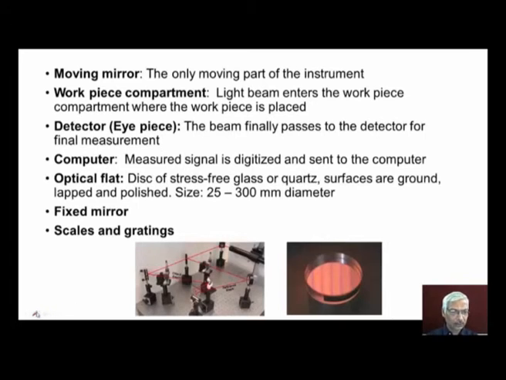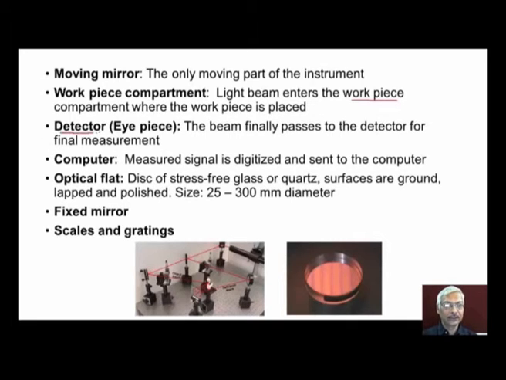Now a moving mirror is sometimes used in the fabrication of interferometers, and a workpiece compartment is very essential, wherein we get the monochromatic light source, and there is an arrangement to keep the workpieces and optical flats so that we can observe the fringe patterns.